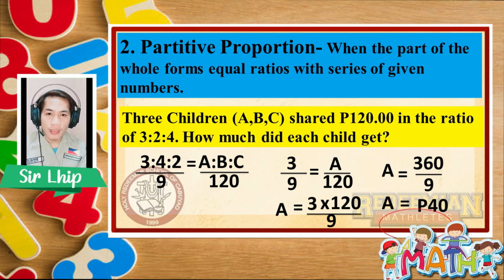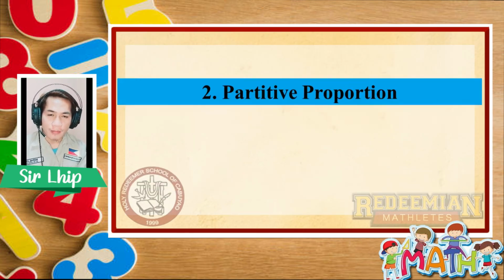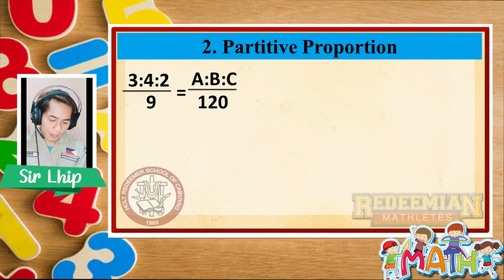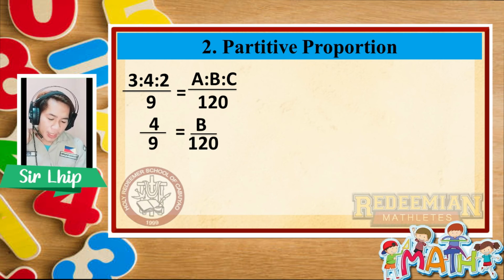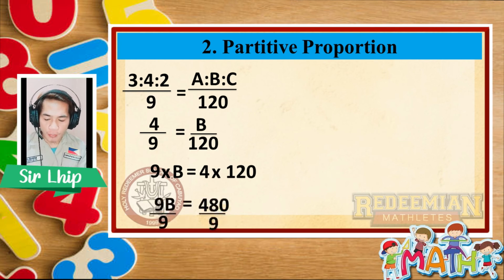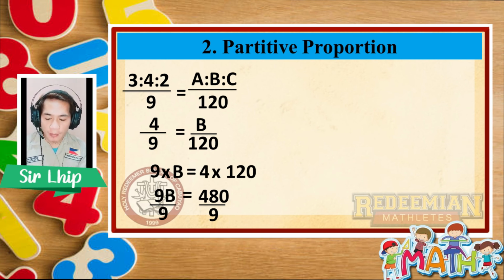Proceed to child B. 4 over 9 equals B over 120. So 9 times B equals 9B. Then 4 times 120 equals 480. To get the value of B, divide both sides by 9.